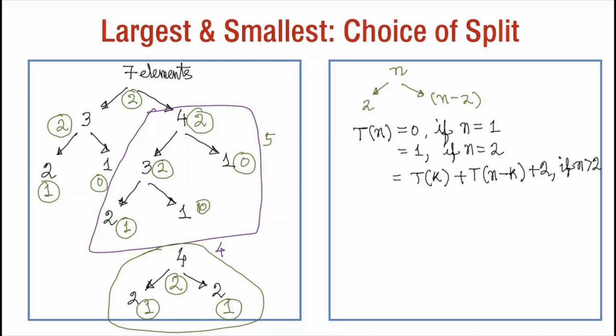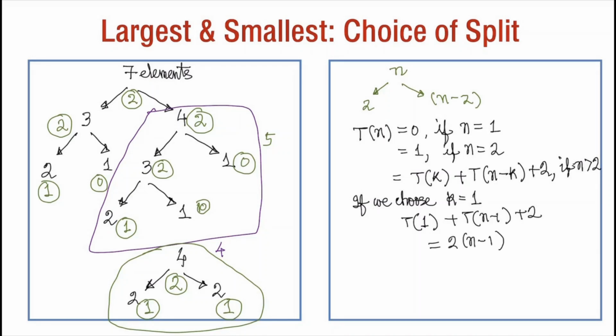If we choose k equal to 1, then we will get T1, which is 0, plus Tn minus 1 plus 2, and it will yield a solution of 2n minus 1 as we saw before.